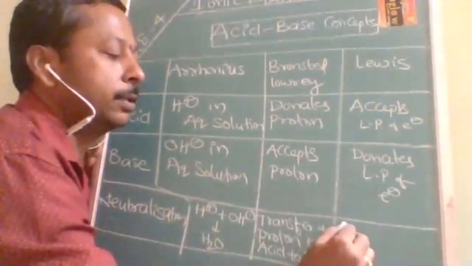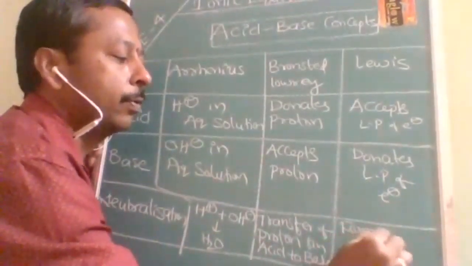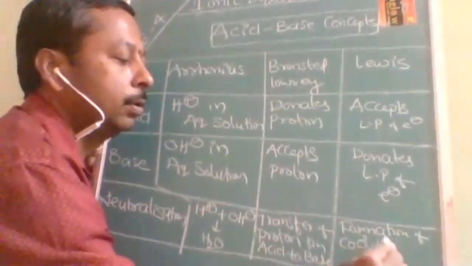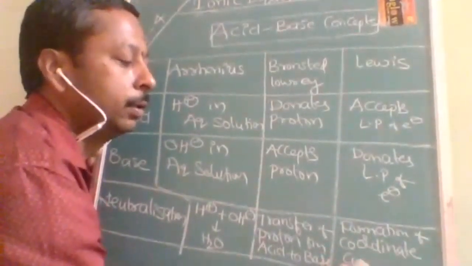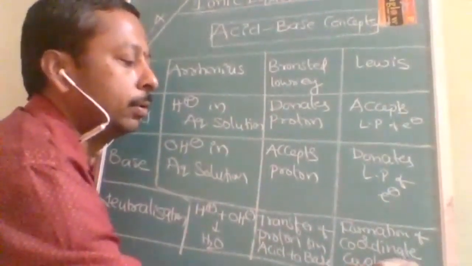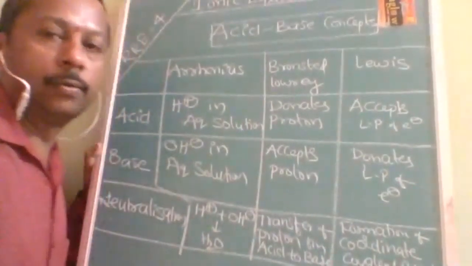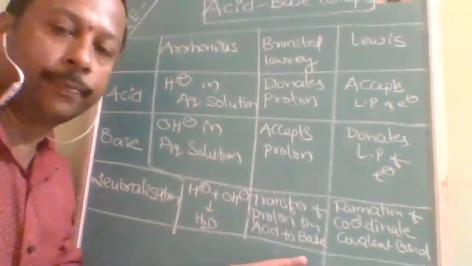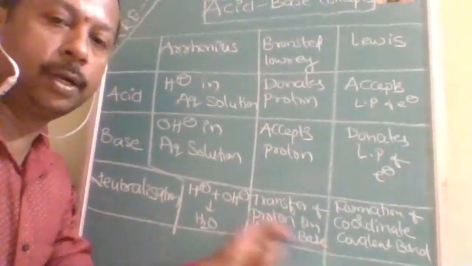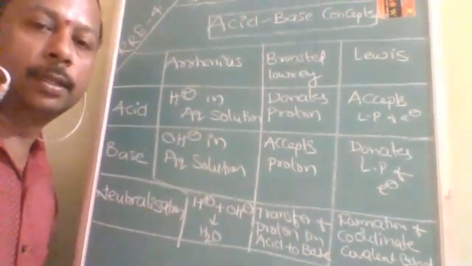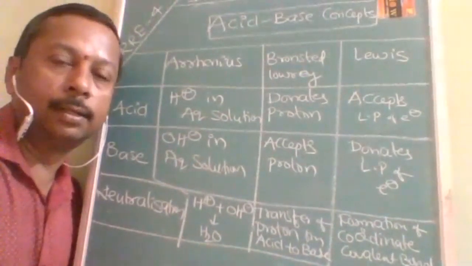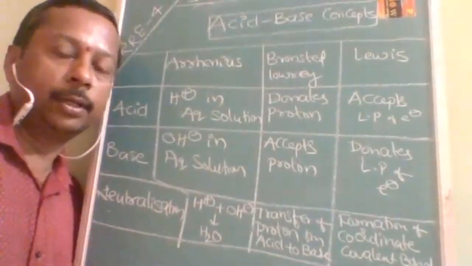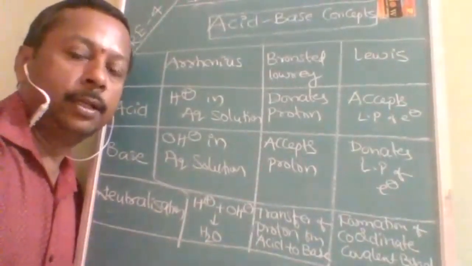And the formation of a coordinate covalent bond is called neutralization. According to the Lewis concept, neutralization is formation of a coordinate covalent bond. So these are the three different acid-base concepts, and I have given a comparative study. Individually we are going to study them in depth.